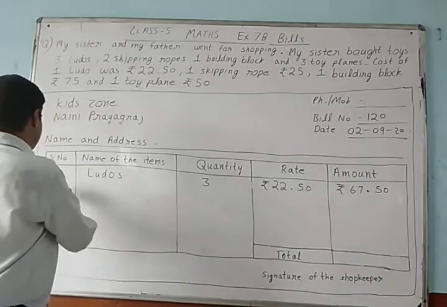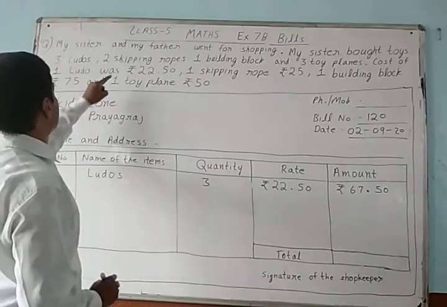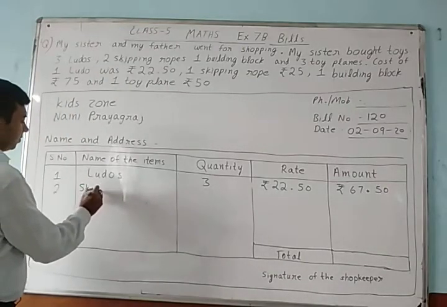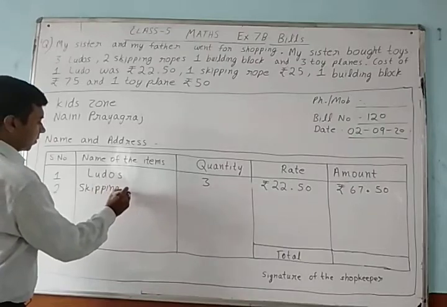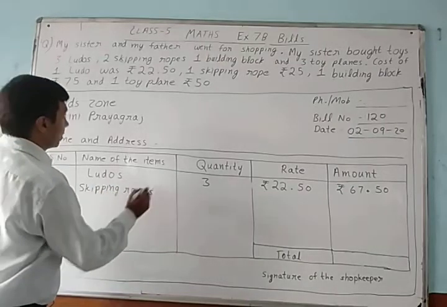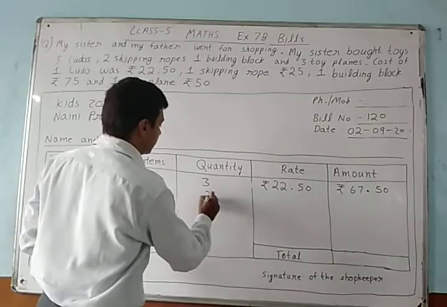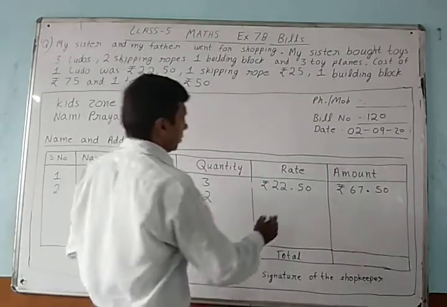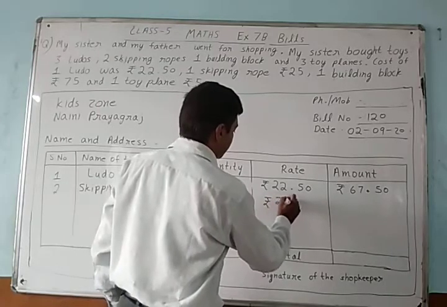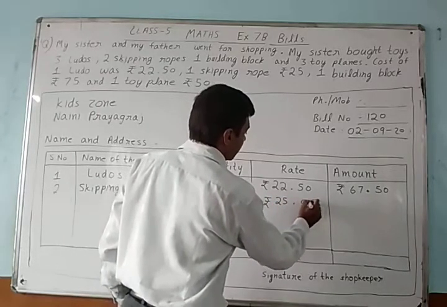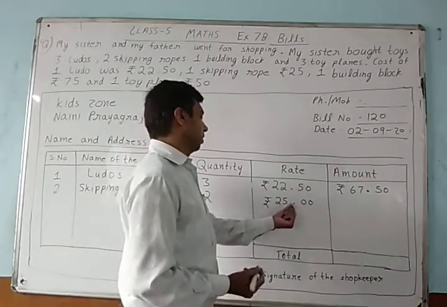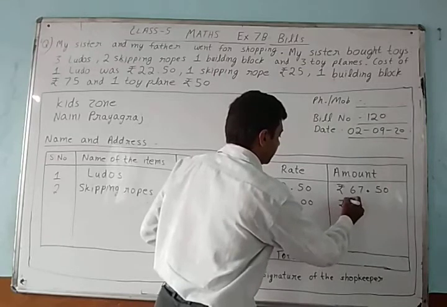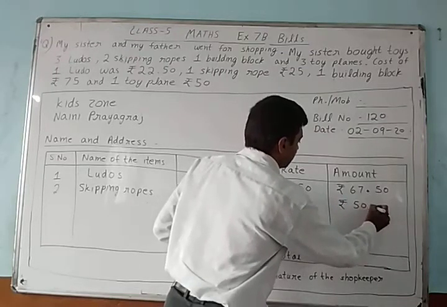Second item, students, is skipping ropes. Skipping ropes, quantity 2. Now one skipping rope, rupees 25. Students, we can write in this manner also. It is a whole number. So now multiply 25 by 2, 50.